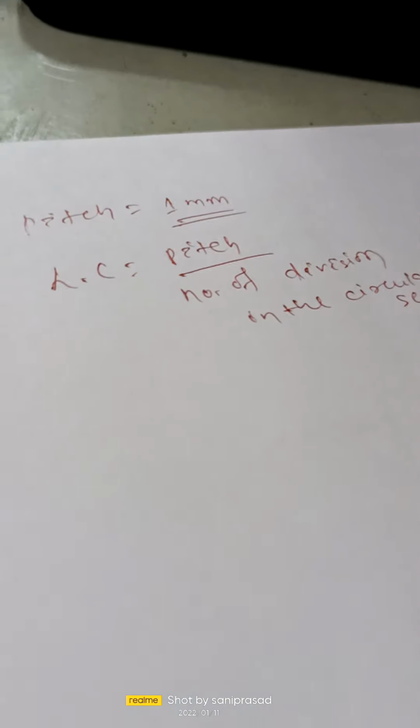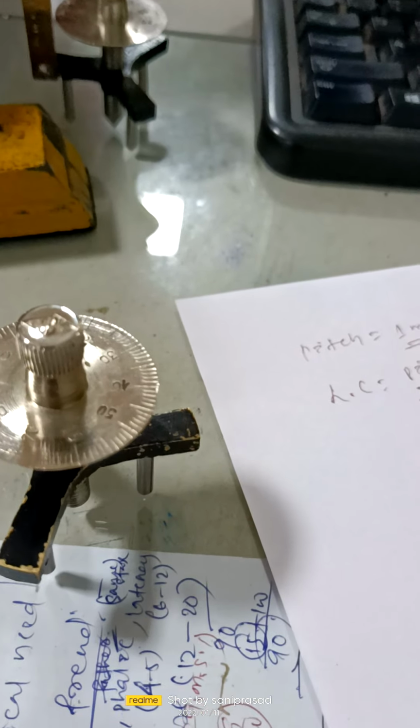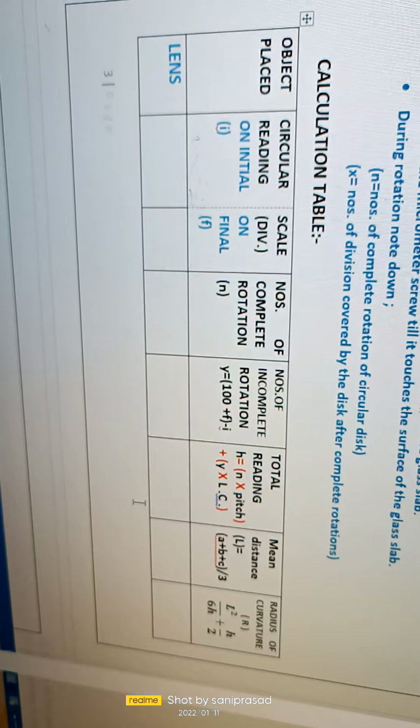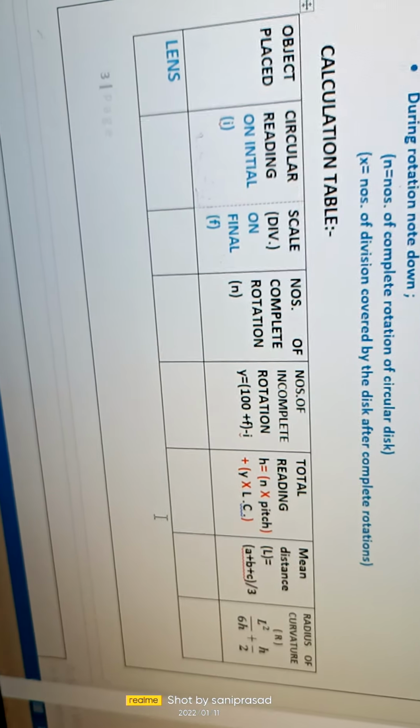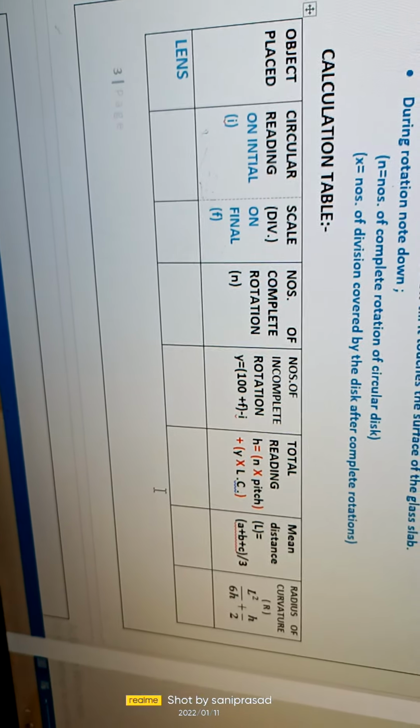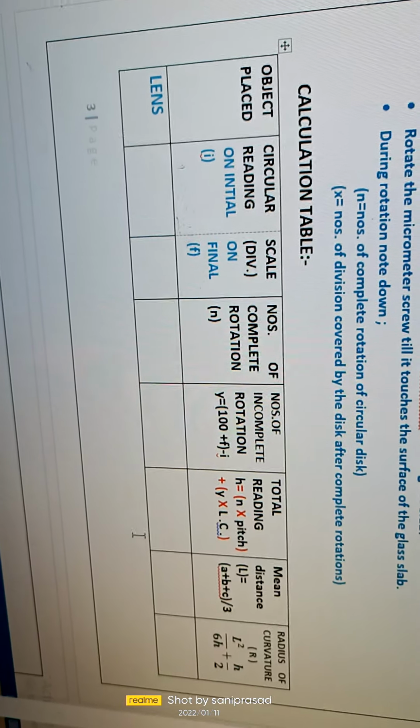Then we should know how to measure a spherical object by using this instrument. First, as mentioned in the table, you have to measure by this method. What is the formula of radius of curvature? L square by 6h plus h by 2.